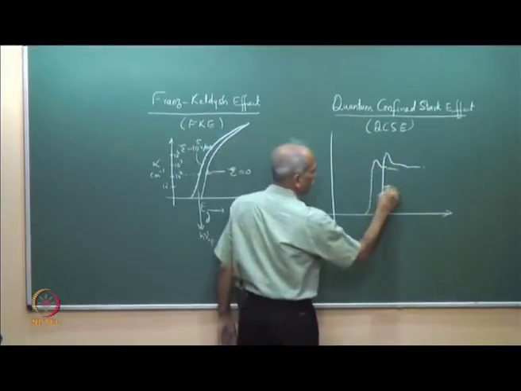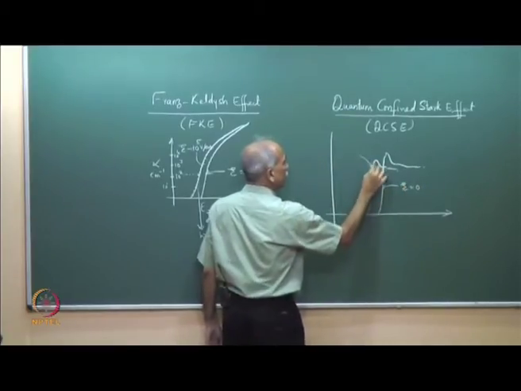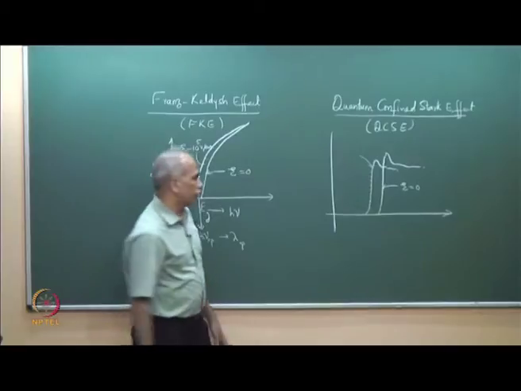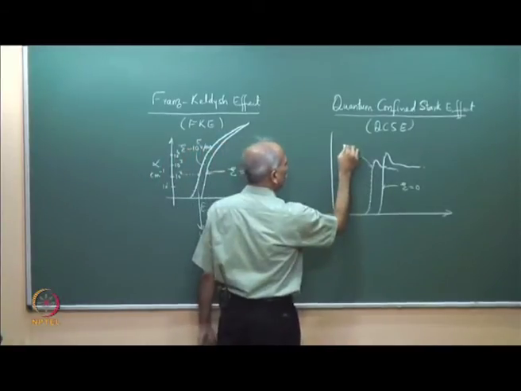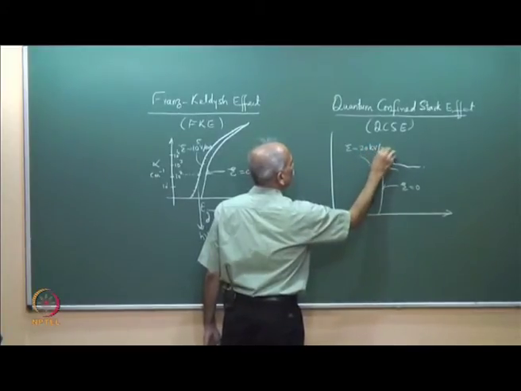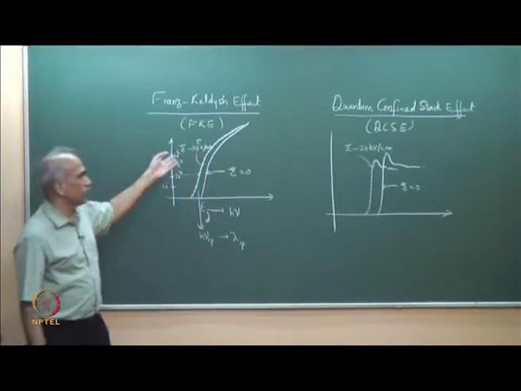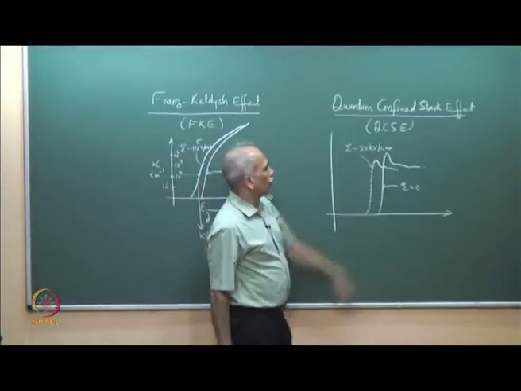So, this is with E equal to 0, and typically you need a lesser voltage here, a lesser electric field. So, E of the order of 10 to 20 kilovolt per centimeter. Here you need of the order of 100 kilovolt per centimeter, and here 10 to 20 kilovolt per centimeter.